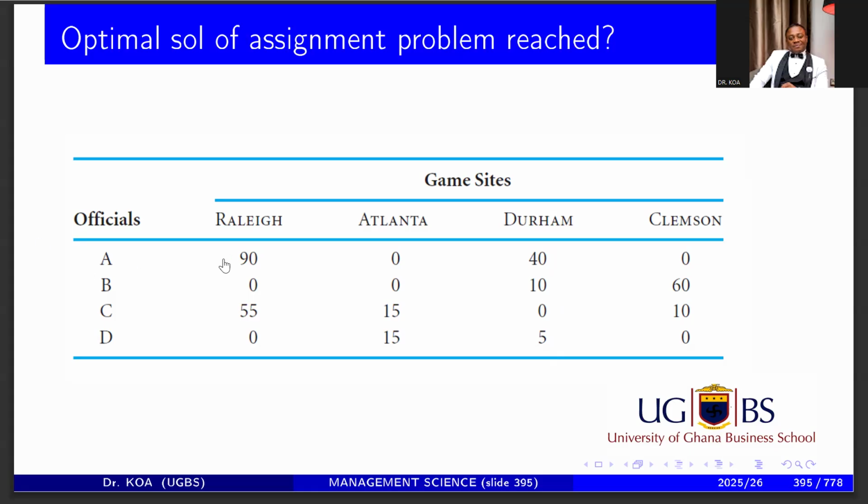So team A will have to go to where? 90 here, Raleigh. Team B will go where? Between 10 and 60. Even though there's 5 here, it will go where? 80.